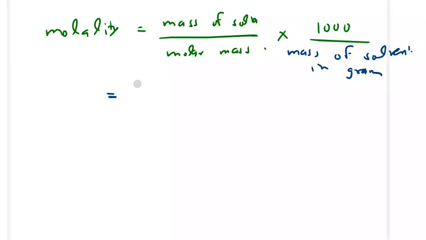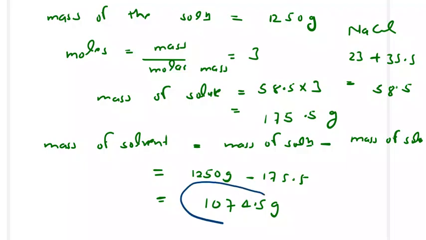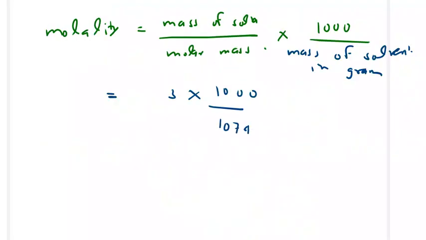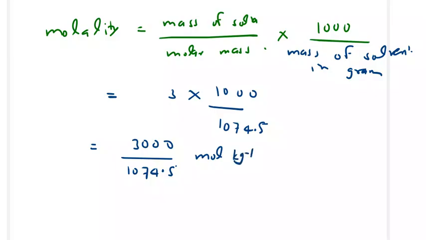We are already given 3 moles, so we write 3 multiplied by 1000 upon mass of solvent, which is 1074.5. On calculation, what we got is 2.79 mole per kg.